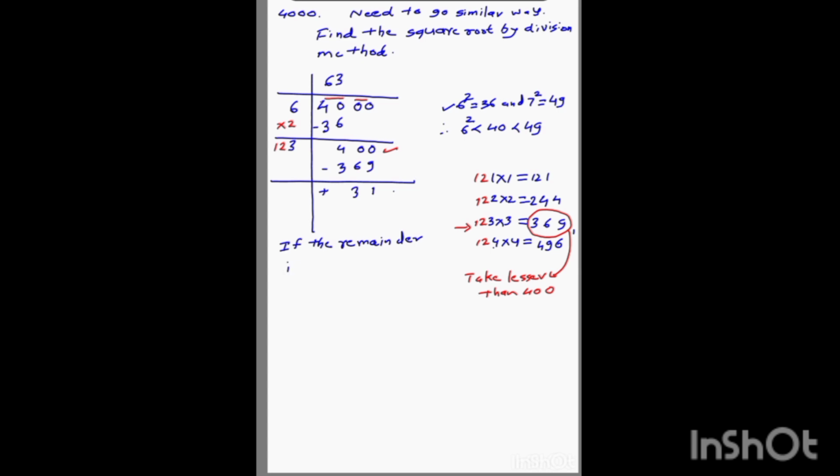That is very important. If the remainder is positive, in this case plus 31, then you need to subtract 31 from 4000 to get a perfect square. Very nice method, very intelligent method. Whoever found it is a very intelligent person. So you have to subtract this 31 from 4000 in order to get a perfect square number.